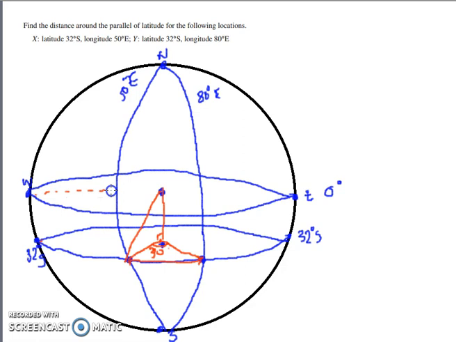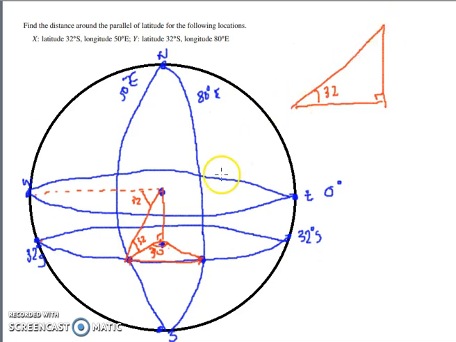Because we're 32 degrees south, angles of depression would be 32, angles of elevation would also be 32. So I'm going to draw that triangle out there. There's right. 32 degrees is in there, because angle of elevation, depression, that's where the 32 degrees south comes from.